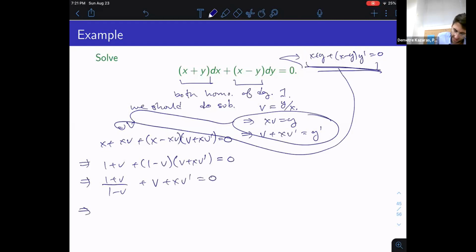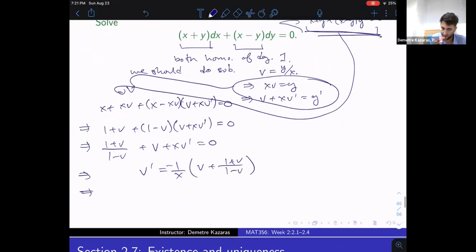Or in other words, v prime itself is equal to 1 over x, doing a little bit of arithmetic here, negative sign, and then we just get v plus 1 plus v over 1 minus v, which is now, well, almost separated. Now we have to divide both sides by this expression of v. So before we do that, maybe let's simplify the expression a little bit, 1 over x.